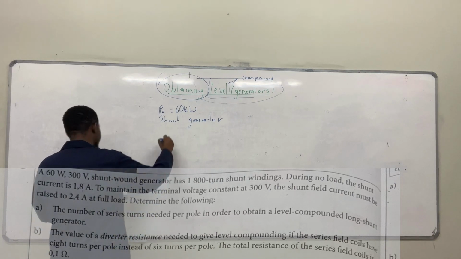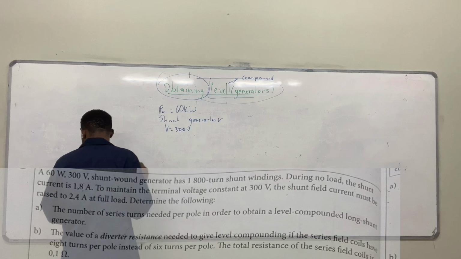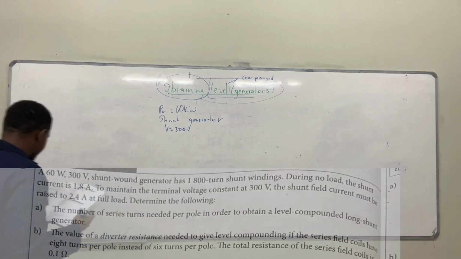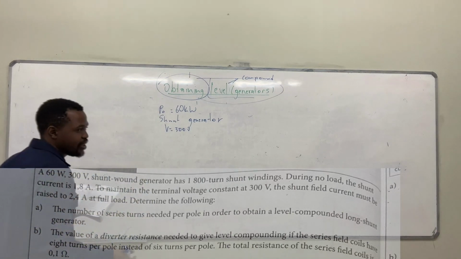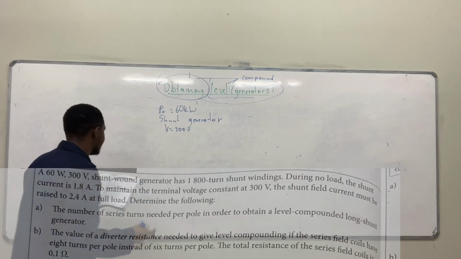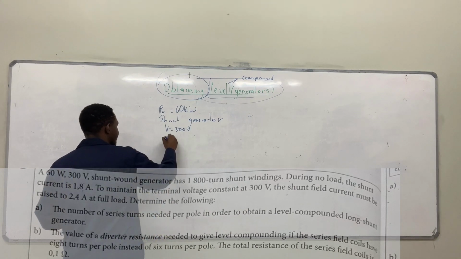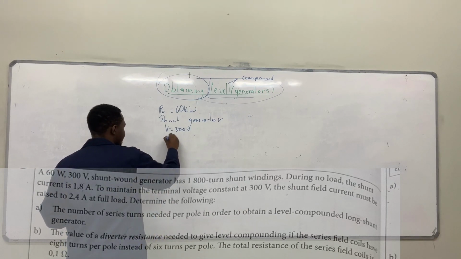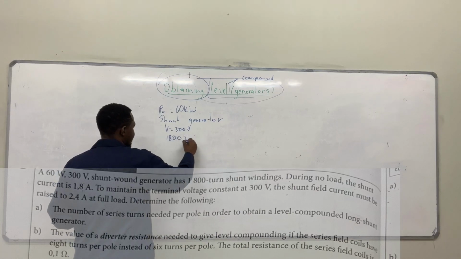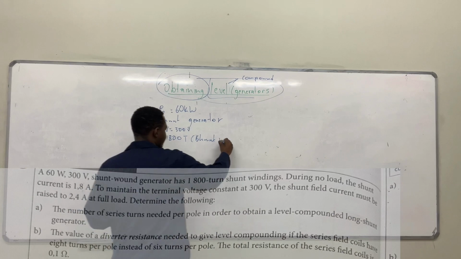Okay, 300 volts. It has how many turns? The turns is the shunt winding. So it has 1,800 turns for the shunt winding.